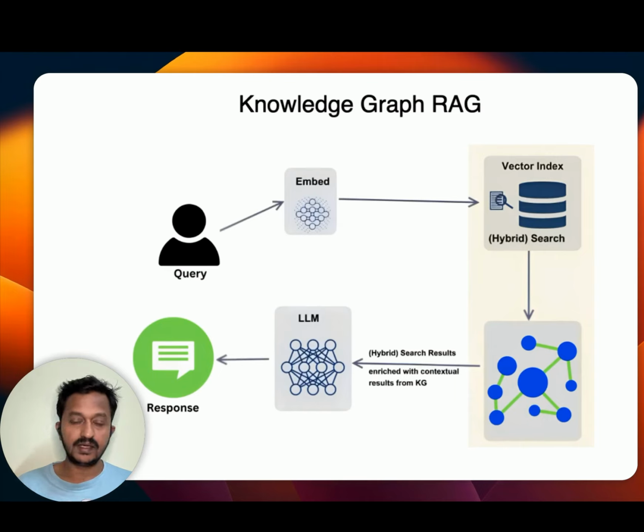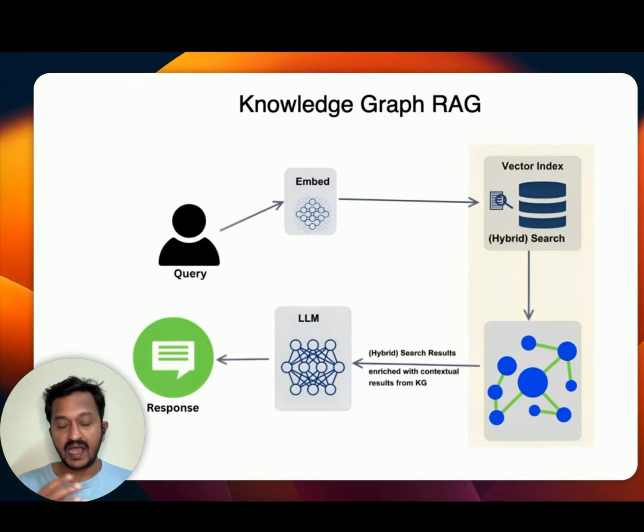As you can see, here is a knowledge graph RAG workflow where the user query gets converted into a vector embedding and is stored in a database. You can call it a vector database or graph database. You just need a database here which can handle that type of data. And now we also have our knowledge graph constructed, with all the entities and relationships defined, and that goes through the LLM to respond back to the user.